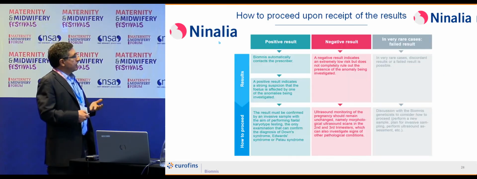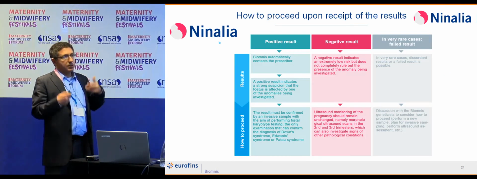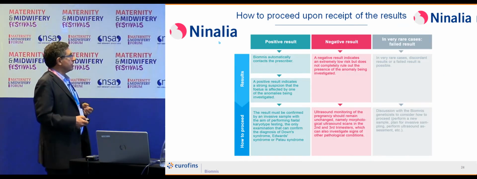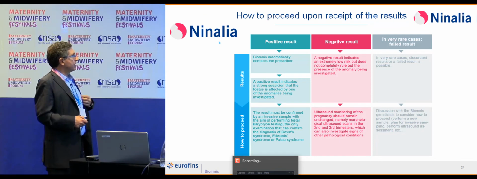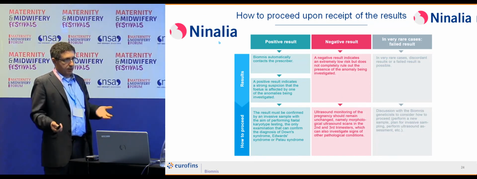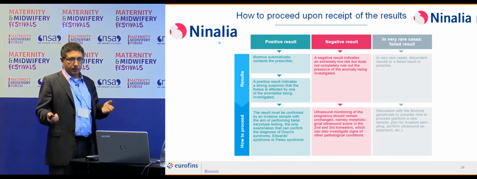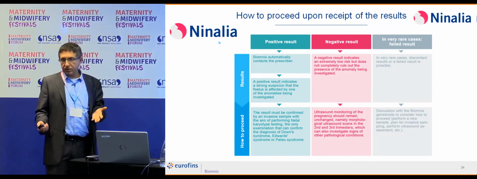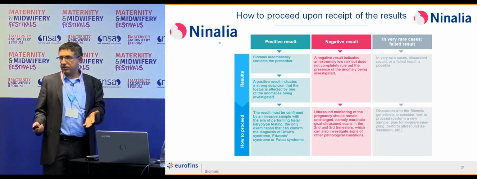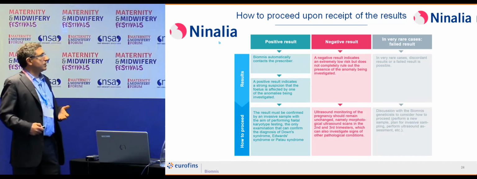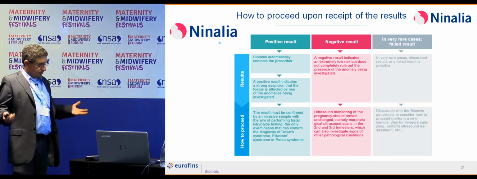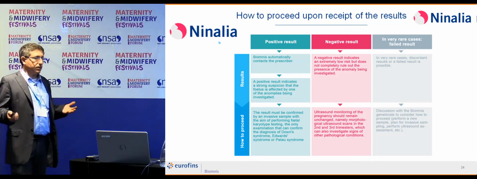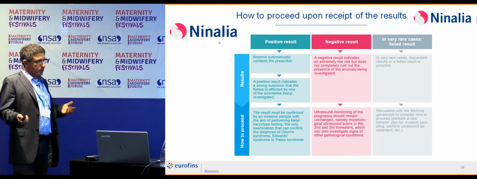If we give you a positive result, meaning in favor of trisomy 21, 18 or 13, we contact the prescriber or the lab who sent us the sample, and it means that there's a strong chance that the fetus is affected, but it has to be confirmed by amniocentesis. If we give a negative result, the risk is very low, but not zero, so go on taking care of the patient.